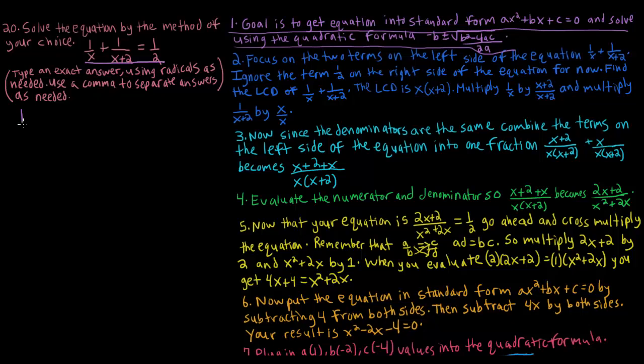1 over x plus 1 over x plus 2 equals 1/2. Now for step 2, we want to focus on the two terms on the left side of the equation, which is 1 over x plus 1 over x plus 2.